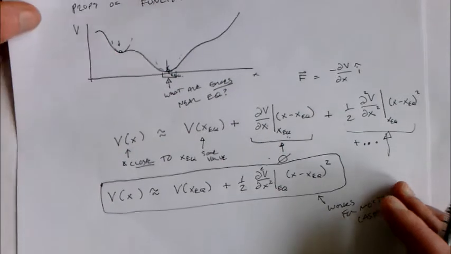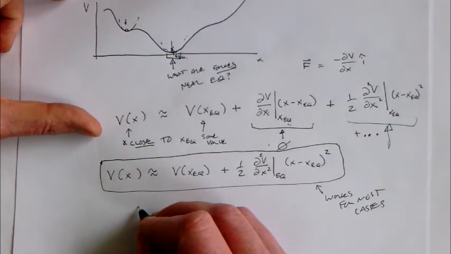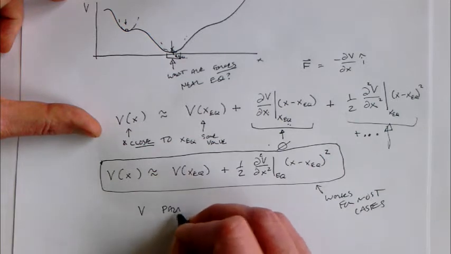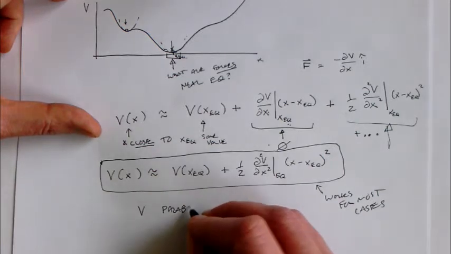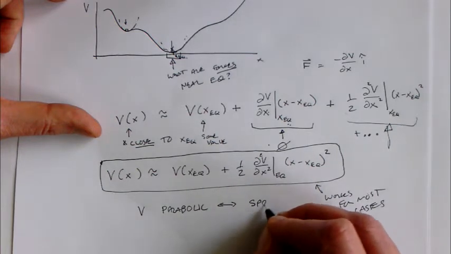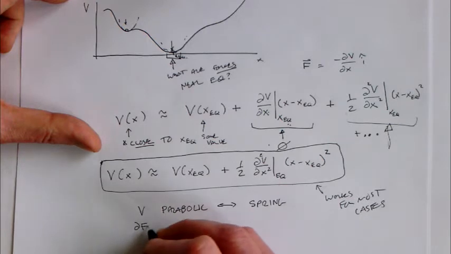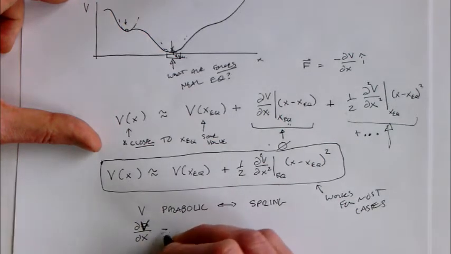But if you think about what a parabola is for potential energy, a parabolic potential energy corresponds to a spring, right? And the reason it corresponds to a spring is if you actually ask the question, okay, well, what's the partial of the potential with respect to position?